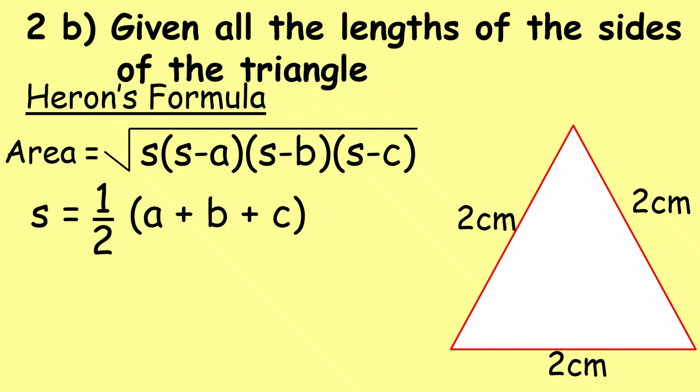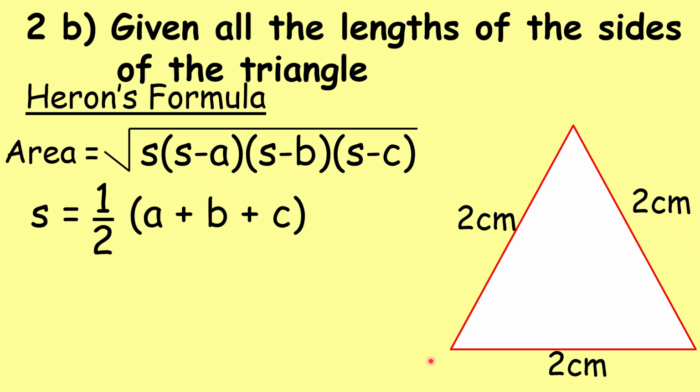The first thing we'll do is to calculate S, which is simply half multiplied by the sum of all the sides.